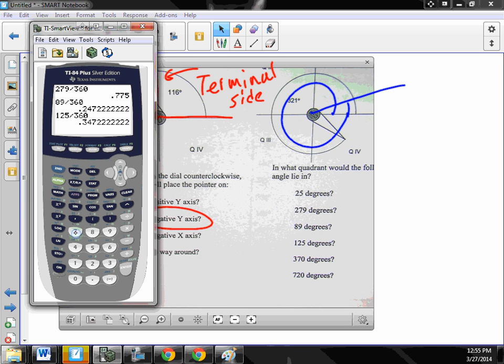So 370 divided by 360. You're right. It's a percentage of the circle. So this top one is 24% of a circle, which is less than a fourth. 34% of a circle, which is between 1/4 and 1/2. And 1.02 means 1 full circle and 2% more.